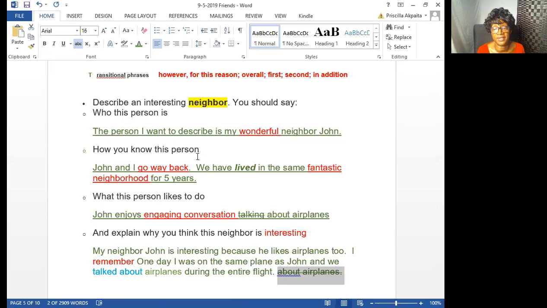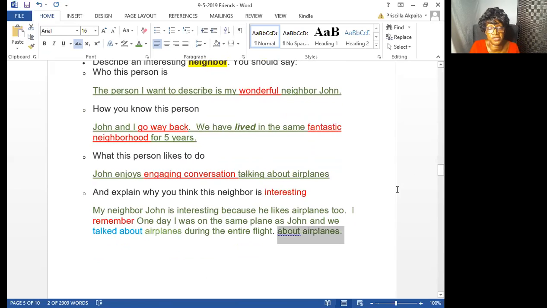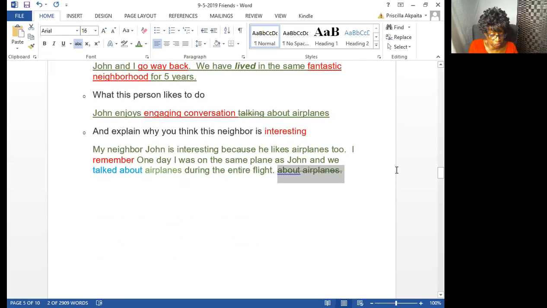We have lived in the same fantastic neighborhood for 5 years. John enjoys engaging conversation, talking about airplanes. My neighbor John is interesting because he likes airplanes too. I remember one day I was on the same plane as John, and we talked about airplanes during the entire flight.